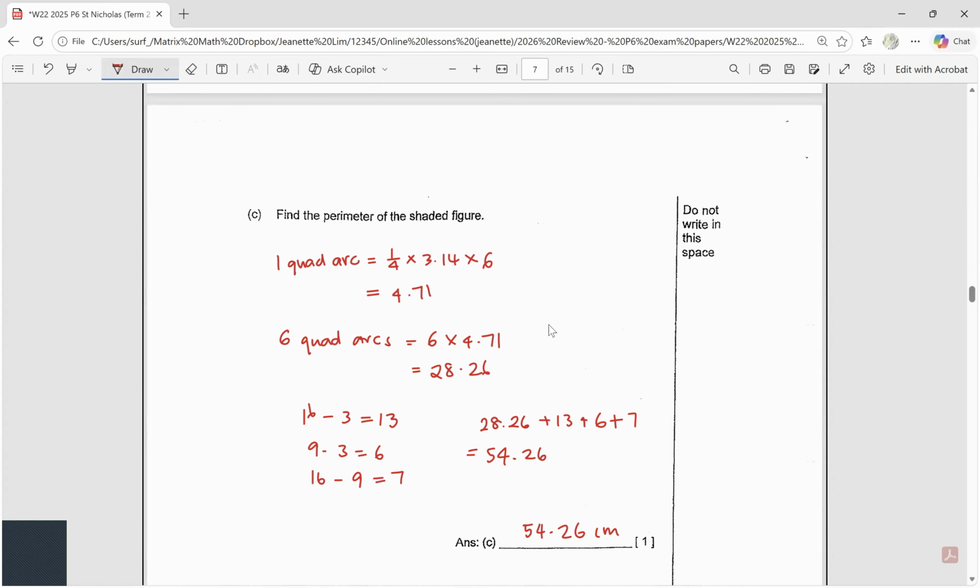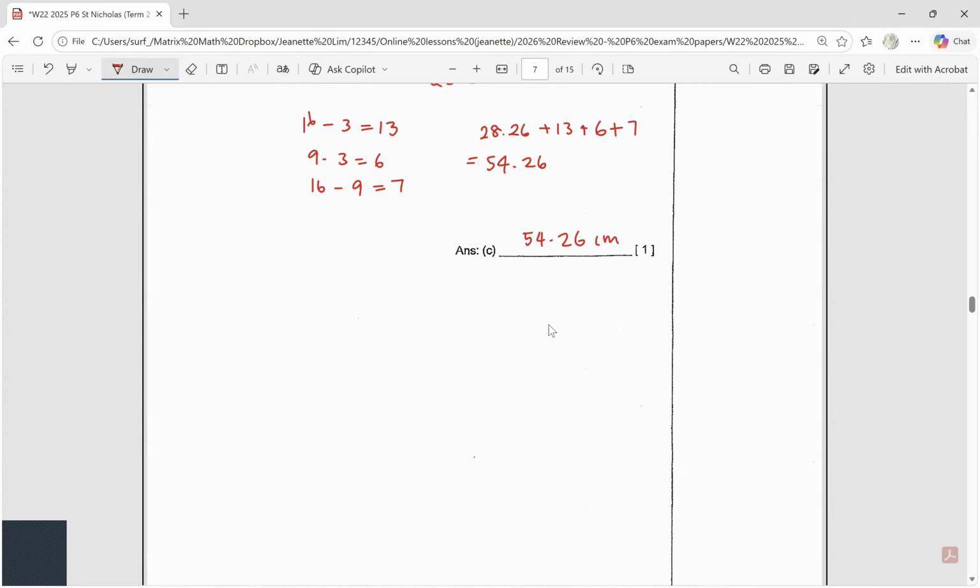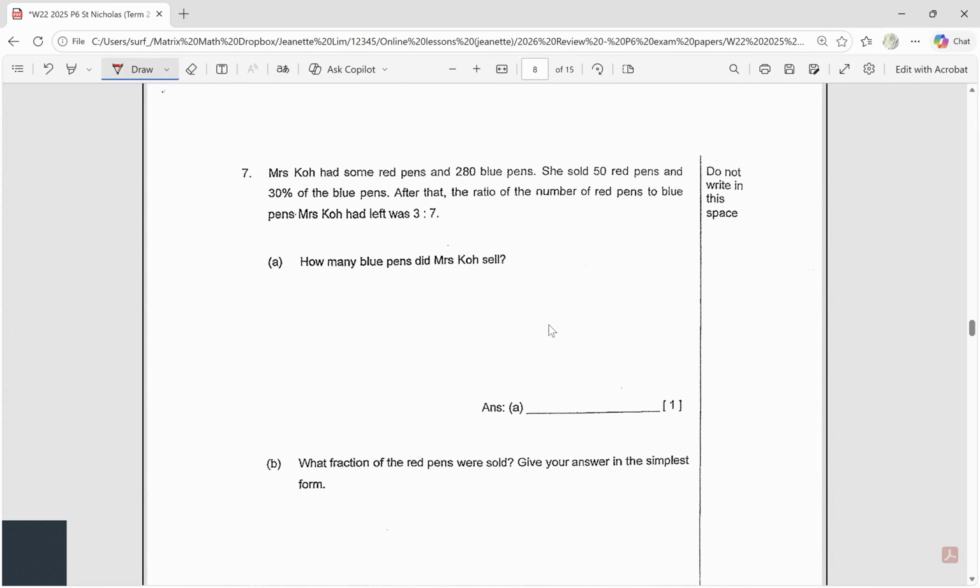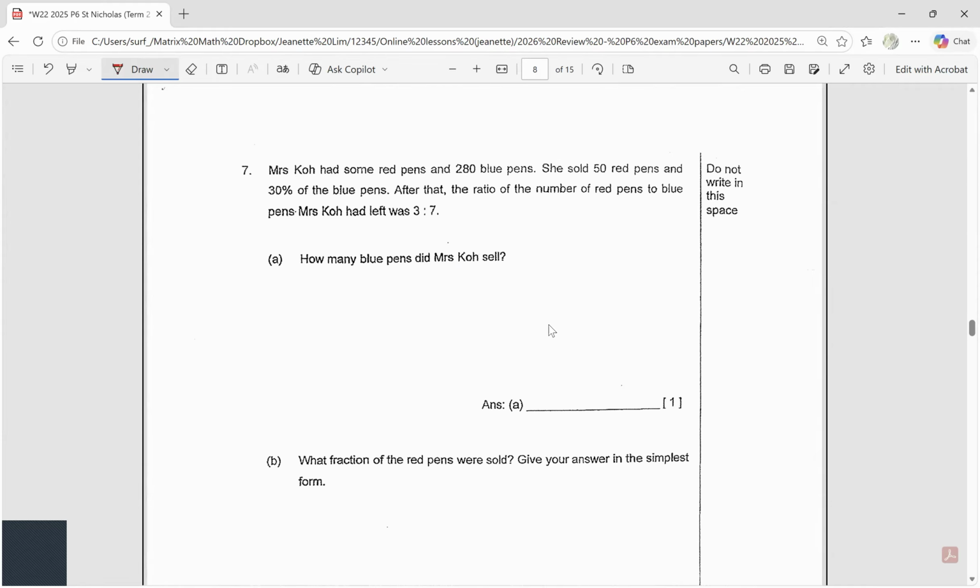Question 7. Mrs. Koh had some red pens and 280 blue pens. She sold 50 red and 30% of the blue. After that, the ratio of red to blue left was 3 to 7. How many blue pens did she sell?